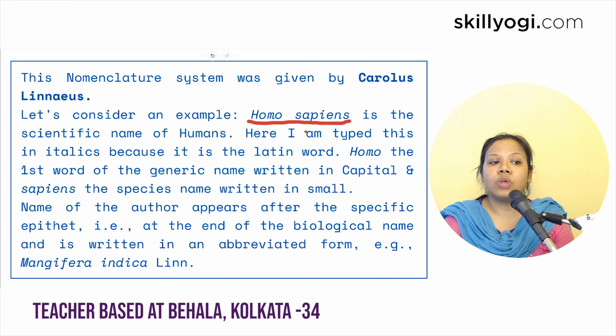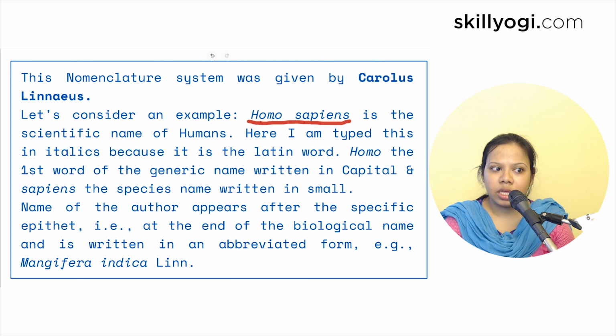Why? Because I typed it, that's why it is in italics. When we write by hand, it is written in normal letters, and after that we should underline them separately, not this way. We underline like this.